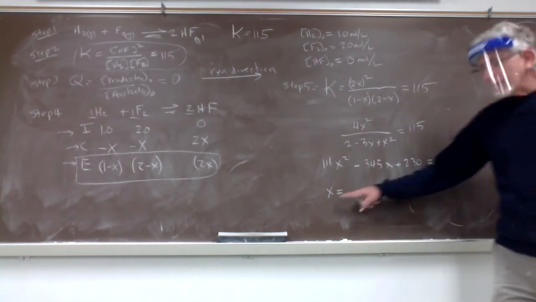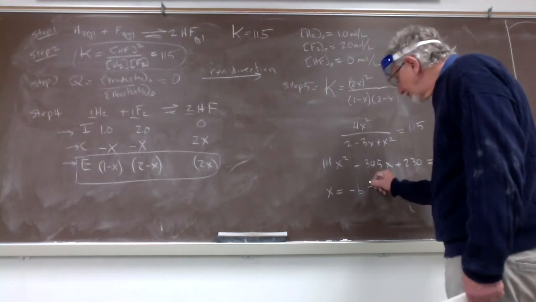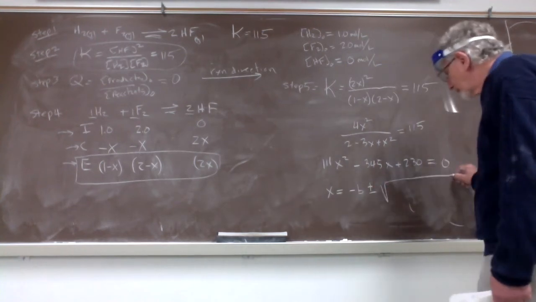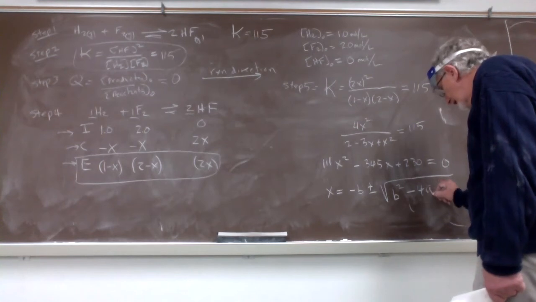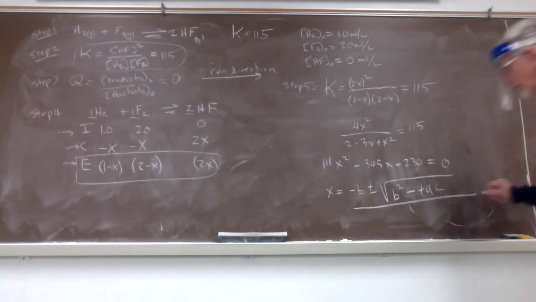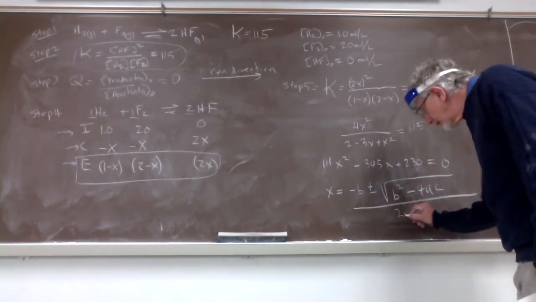The quadratic formula says that x is going to be equal to minus b plus or minus the square root of b squared minus 4 times a times c, all of that divided by 2 times a.